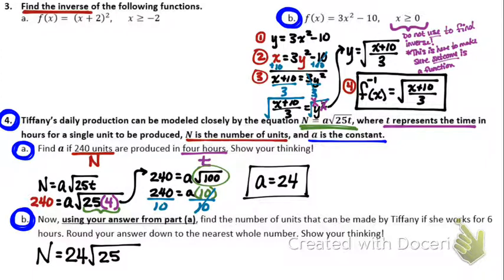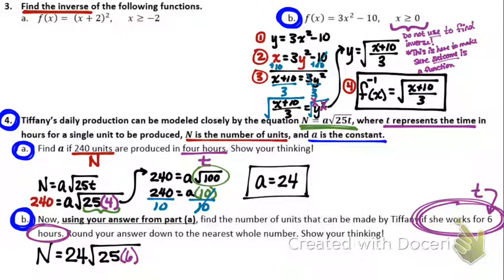What can I put in for t? 6. Why 6? Yeah, it says if she works for 6 hours. So that's what I'm going to put in the place of the t in part B. Parentheses are? Yep, parentheses there.